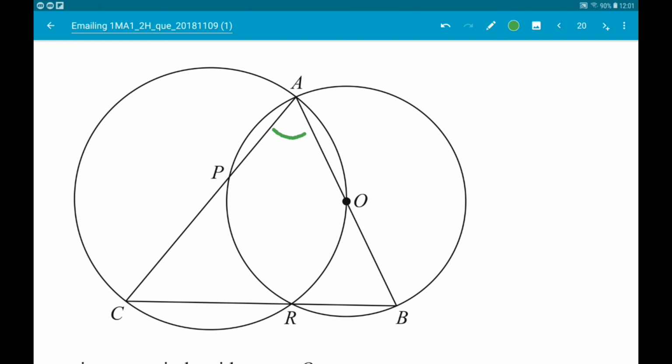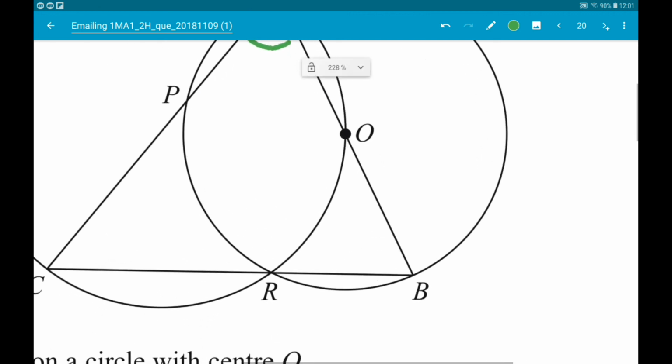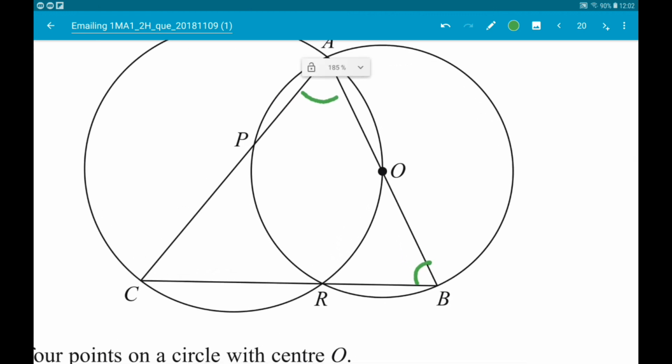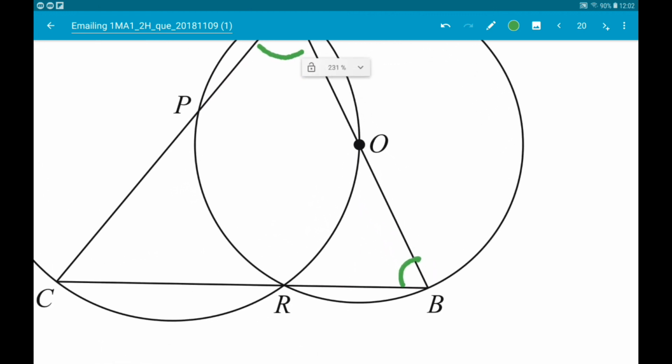Angle ABC is this guy down here. Now the way that we're going to do this is by making a cyclic quadrilateral inside the left-hand circle. Now the way that we're going to do that is by joining up point O and point R.